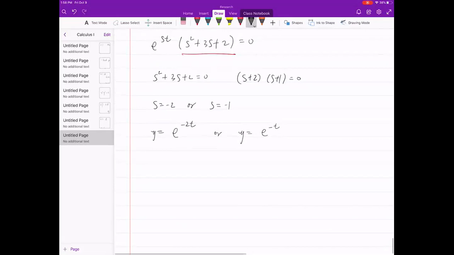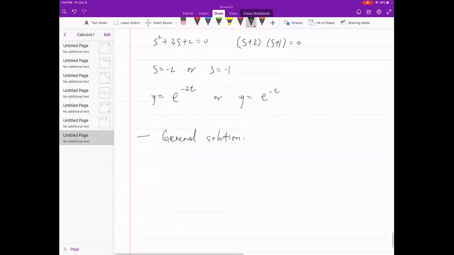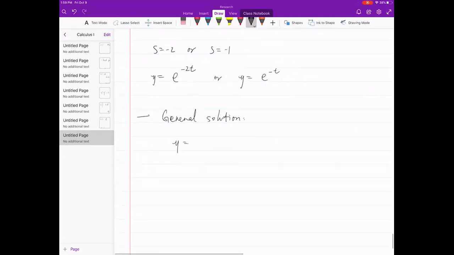Number one, you have two solutions. Sounds good. Do you have a third solution? Do you have a fourth solution? How many solutions do you have? Okay. What I claim is the general solution looks like this.